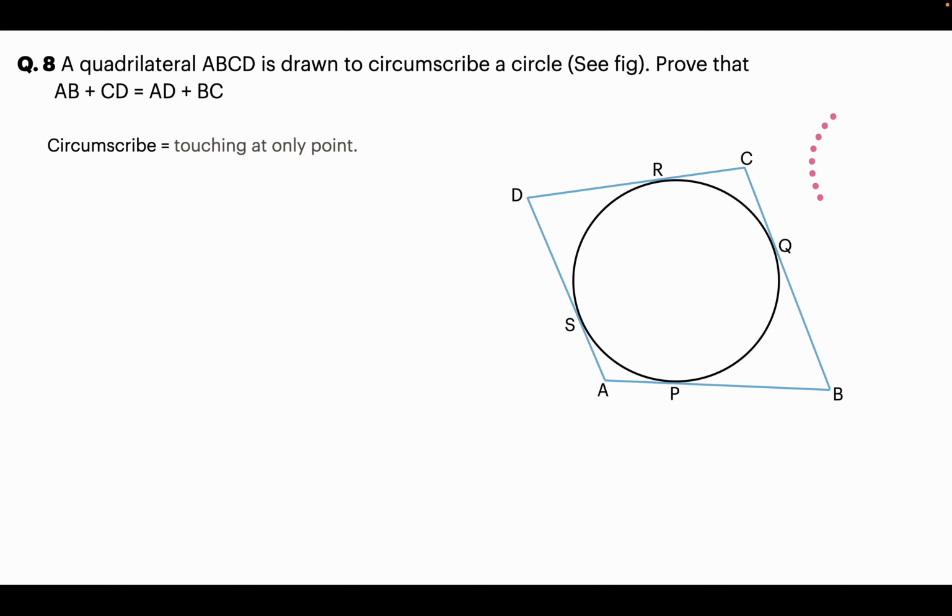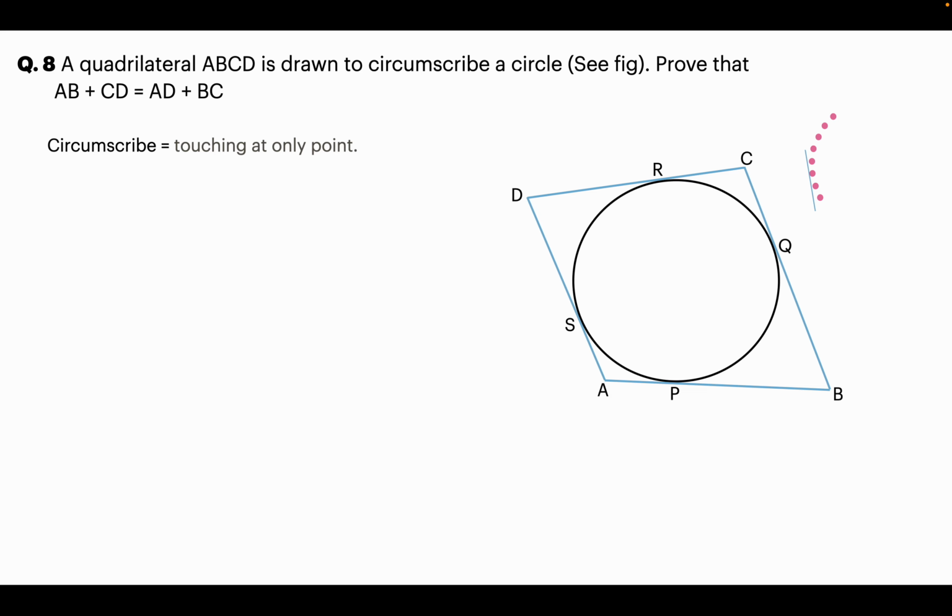We will see how we do it. So here I want to take a dotted circle segment and see how I can prove that the lines used to circumscribe the circle are considered tangents.